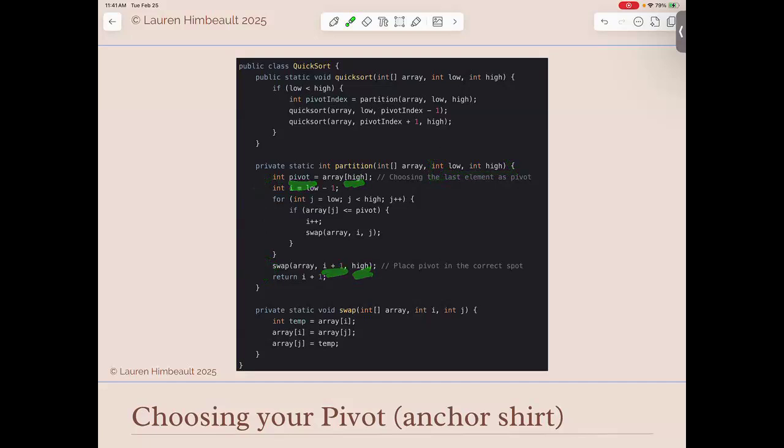So we give the pivot value a chance to be swapped into the correct spot. And then we can return the value of where our pivot actually is now. Partition returns where the pivot actually is, which makes sense since back up here it was called pivot index. And then this is just a normal array swap, nothing fancy there.